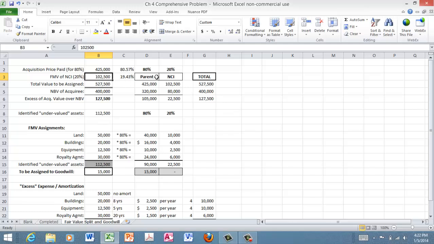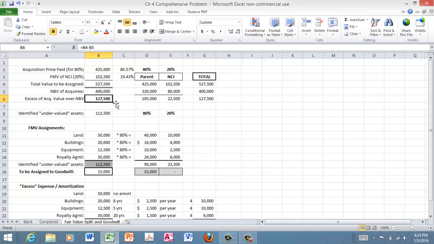Mathematically, the total assigned value then is $527,500. They tell you the net book value is $400,000, and that $400,000 was split between $100,000 of common stock and $300,000 of retained earnings. So then you can see easily that the excess of the acquisition value over the net book value is $127,500.